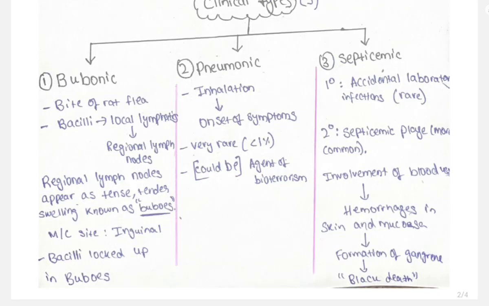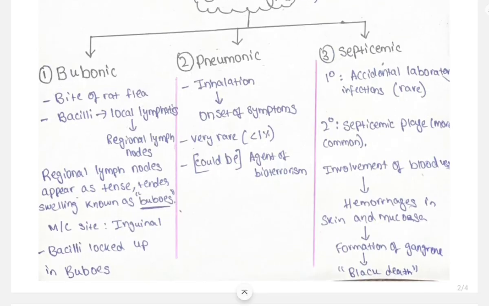Coming to the third type, the septicemic type. Primary infections are very rare. They occur, for example, through the transport of a specimen when you don't take care, so they're accidental laboratory infections. But the secondary infection is very dangerous, and it is the more common type.